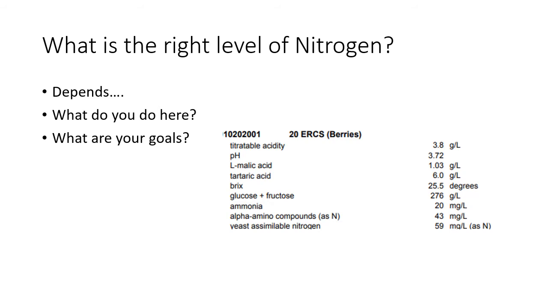Obviously, those aren't hard and fast rules, but I would split that DAP addition up into 3 doses, so that the last dose goes in right at that 8 to 10 degrees Brix range, right before the yeast go into activated transport, and they can still assimilate all of that nitrogen.